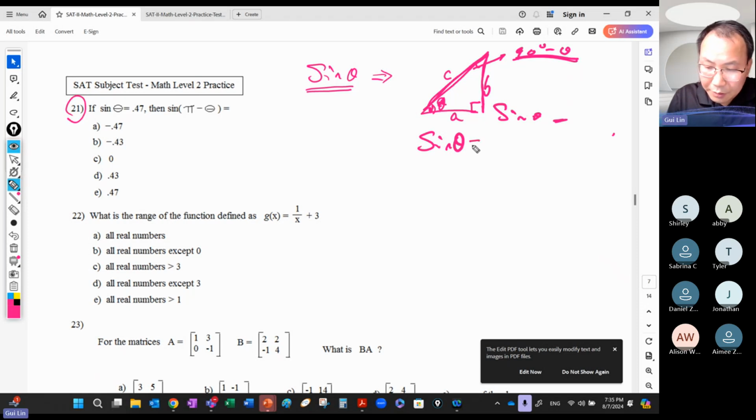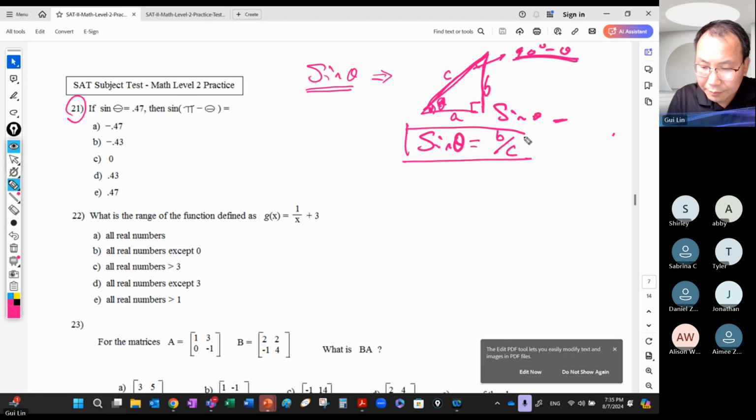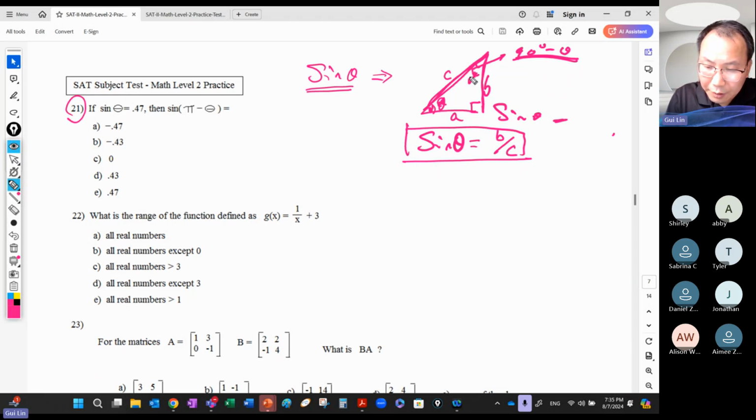Okay, so sine theta equals B over C, right? So what about this angle? We call it beta. So sine beta equals A over C, right? You know the relationship between beta and theta here is 90 degrees, right?